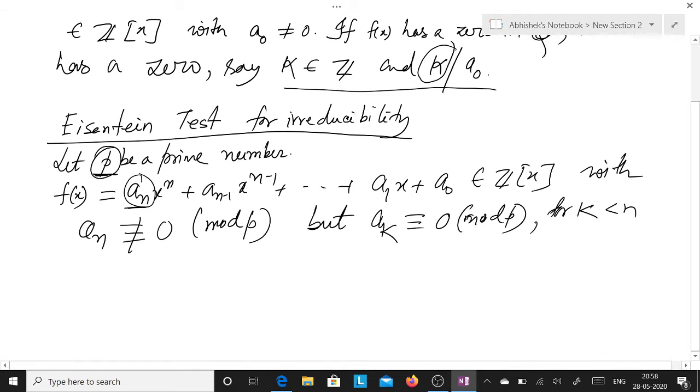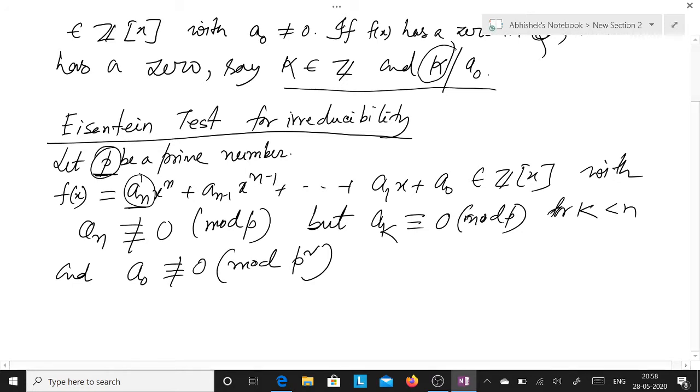Okay. And the last condition is that for the constant term a_0, although p will divide a_0, p^2 will not divide a_0. So a_0 is not congruent to 0 modulo p^2.